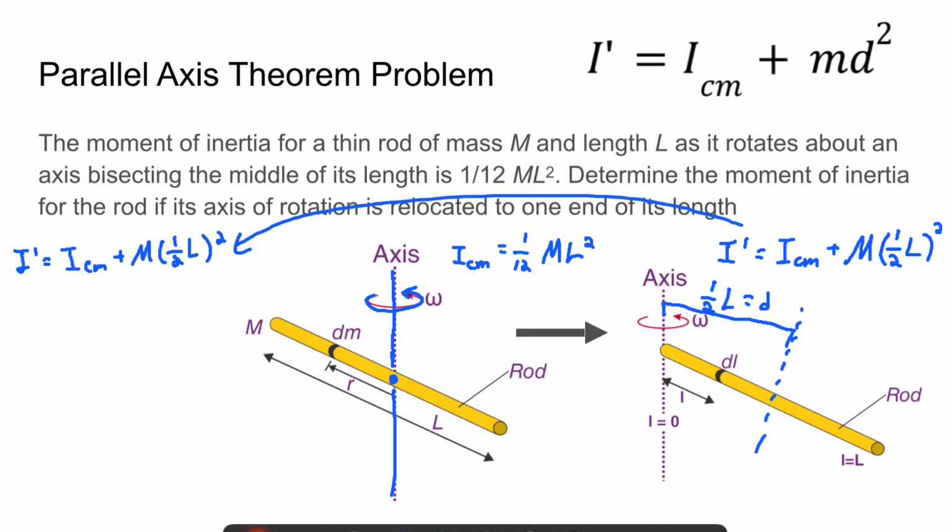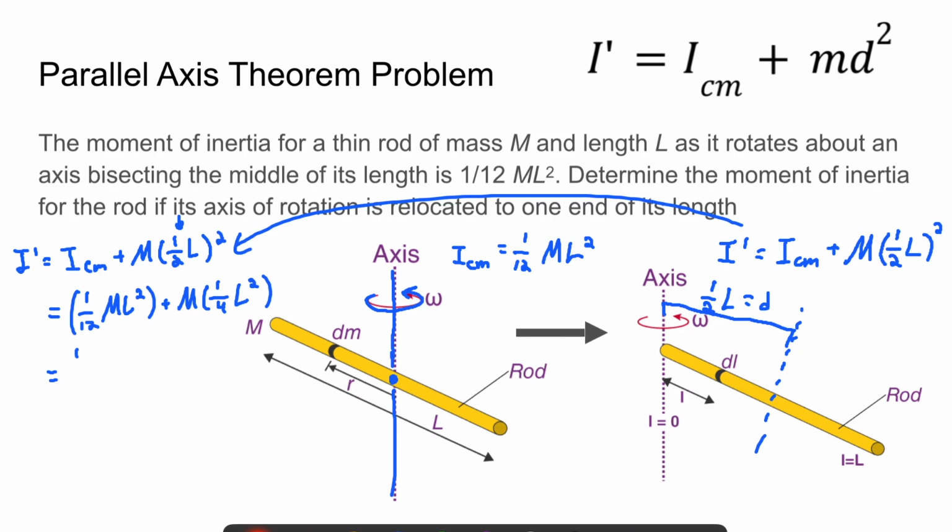I moved our equation over to the left-hand side of the screen just so we have some more room to work. If we insert our moment of inertia equation for when the axis was at the center of mass, we have 1/12 m L squared as our moment of inertia around the center of mass. We're going to add to that m times 1/2 L squared. If we square the 1/2 L term, we end up with m times 1/4 L squared.